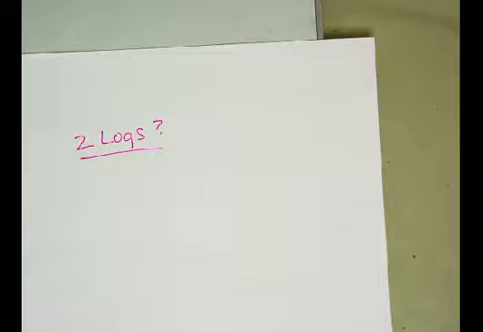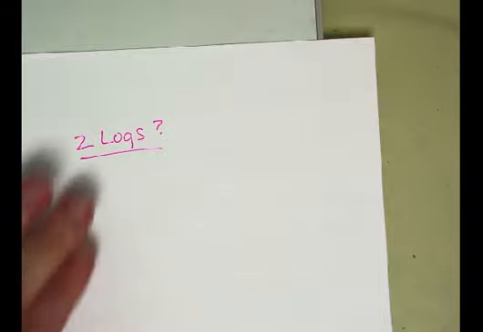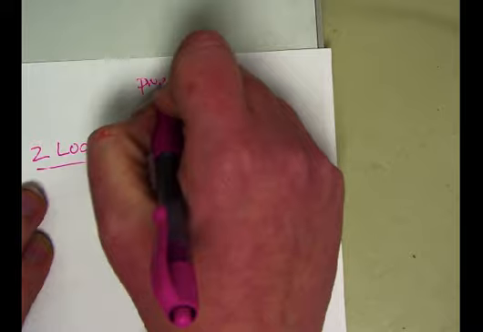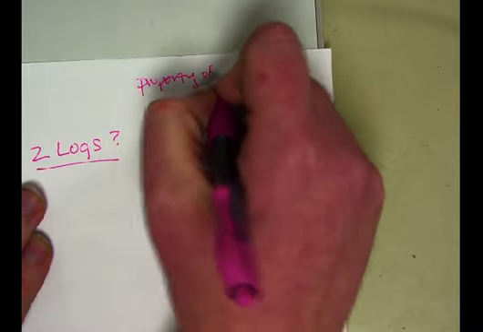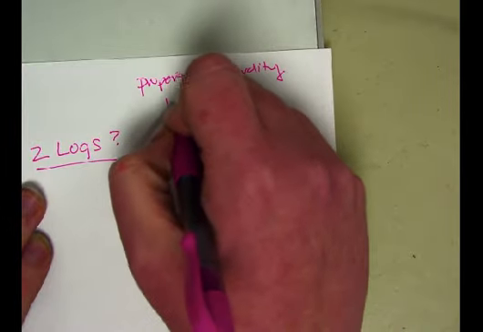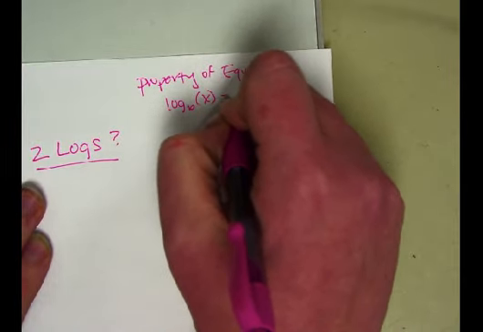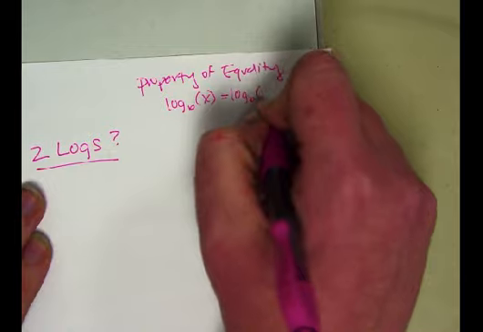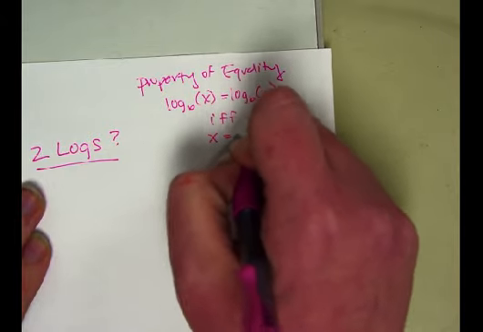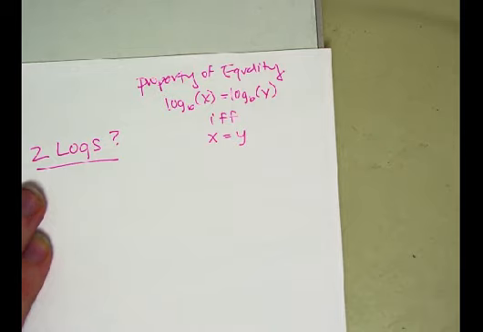If you have an equation that has 2 logs, we're going to be using a property of equality, and it's really similar to the property of equality for exponents. What this property of equality says is log base b of x equals log base b of y if and only if x equals y.